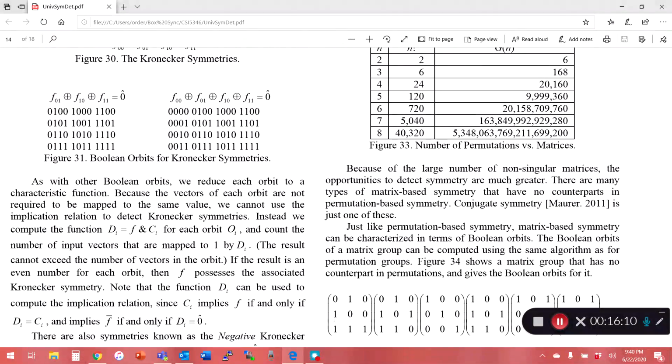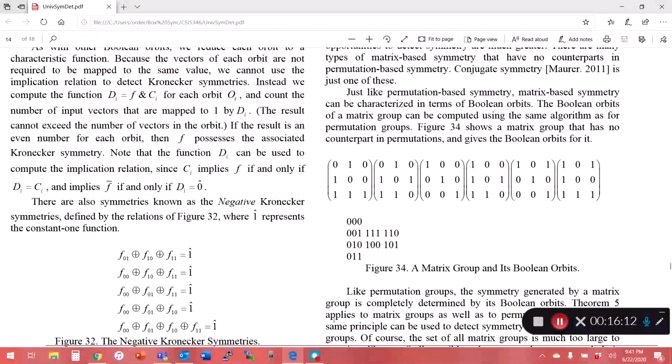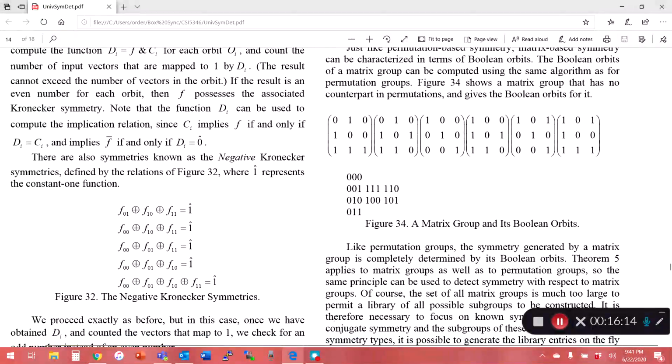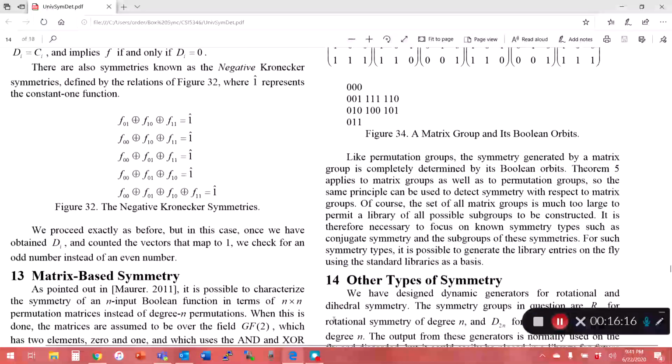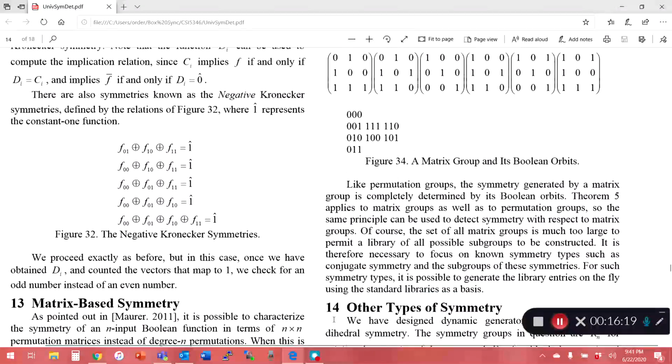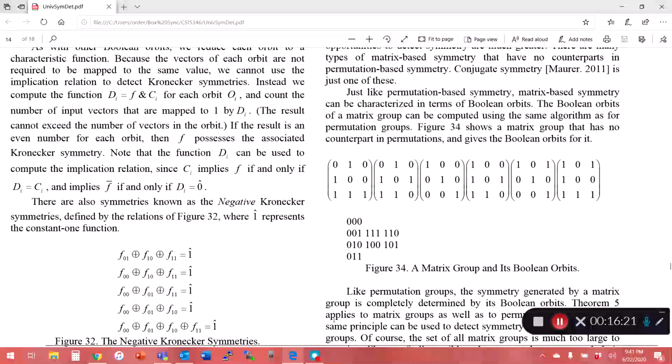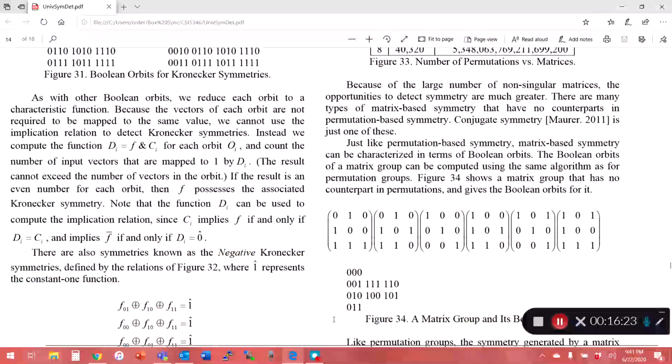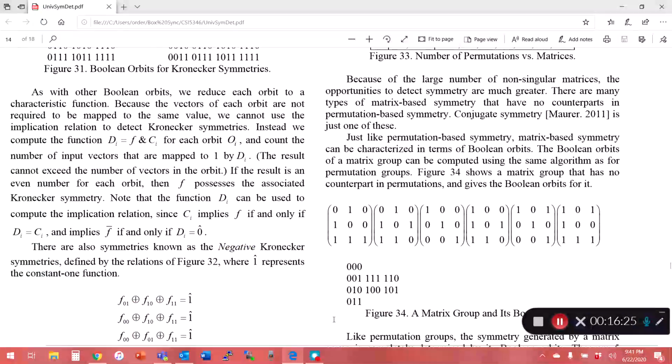What we have to do is go through, and for each orbit O sub I, count the number of input vectors that are mapped to 1 by D sub I.